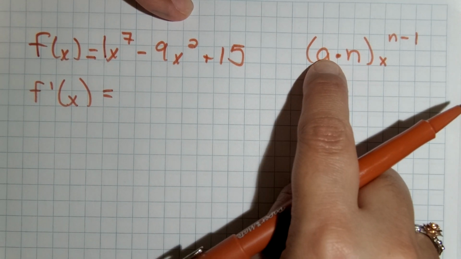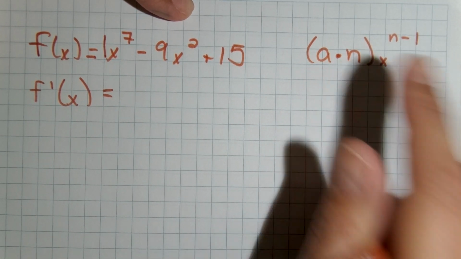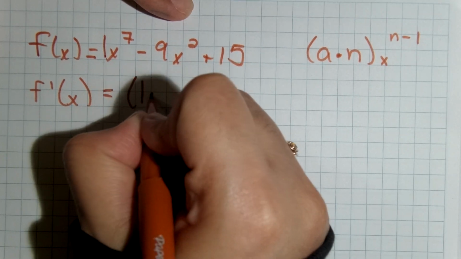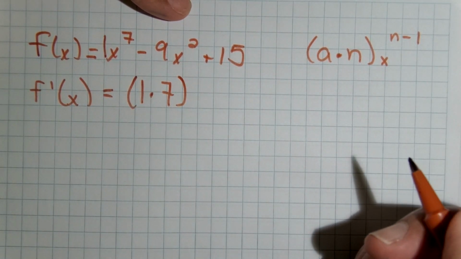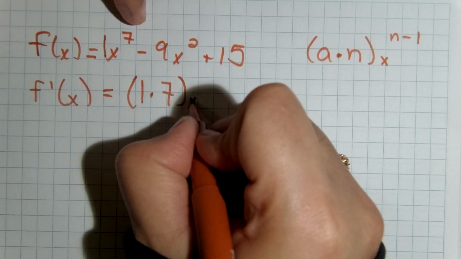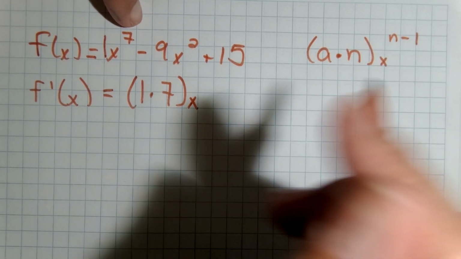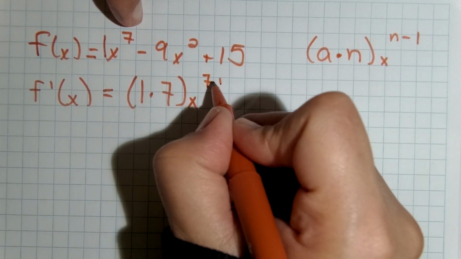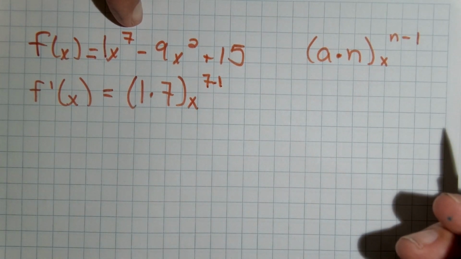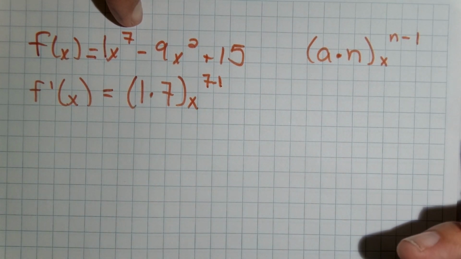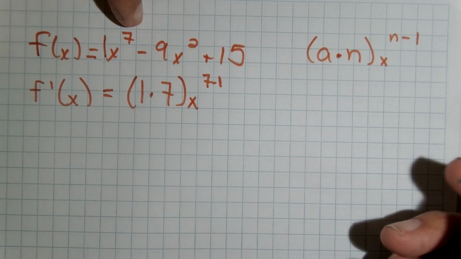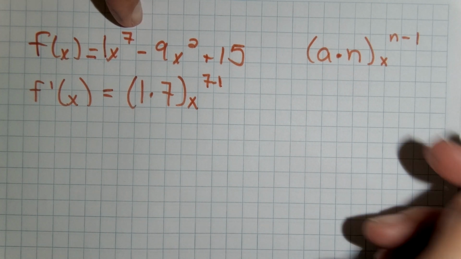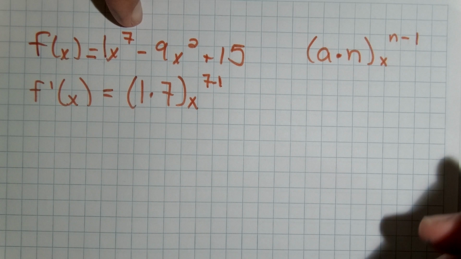I am going to multiply my coefficient times my exponent. 1 times 7. Questions on that? Then I'm going to subtract 1 from the exponent. 7 minus 1. Are there any questions on that? Are we sure? I'm just following the rule. So n is 7, so I'm doing 7 minus 1. That makes sense? Yeah.